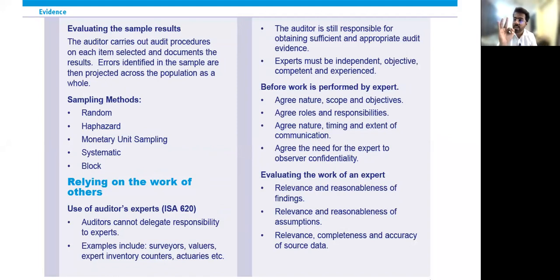So these three types of dependency will be seen: experts, internal auditors, and service organizations. So under relying on the work of others, we are going to see basically three different sub points: experts, internal auditors, and the service organization. Let's first discuss experts.